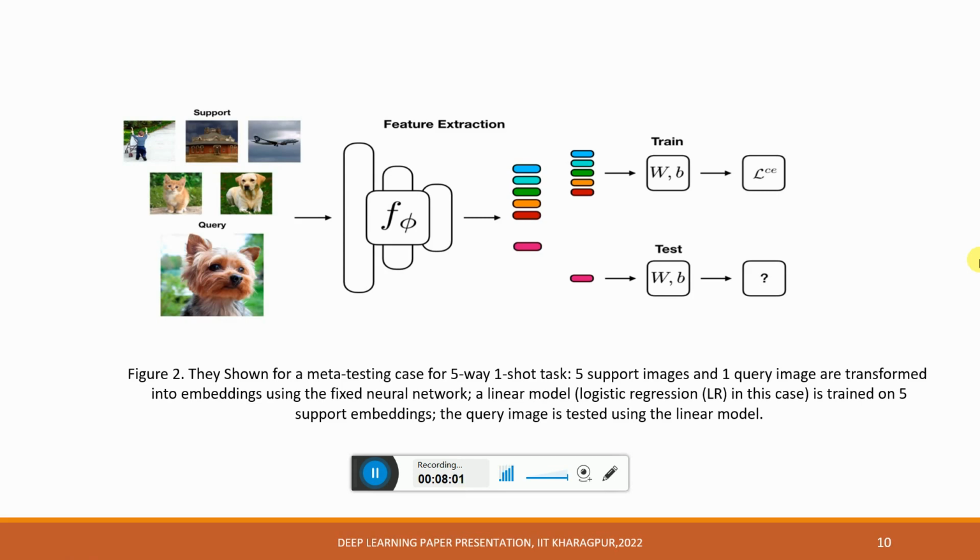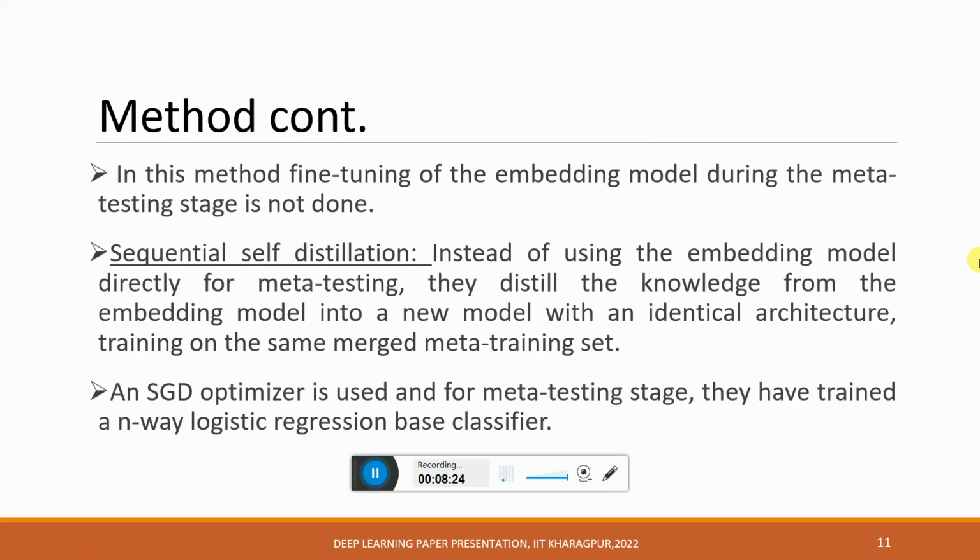Sir, they have used the cosine similarity as well as the nearest neighbor. Both. And do they show which one is better, cosine similarity or nearest neighbor? Sir, they have said that nearest neighbor usually performs well. Okay, go ahead.